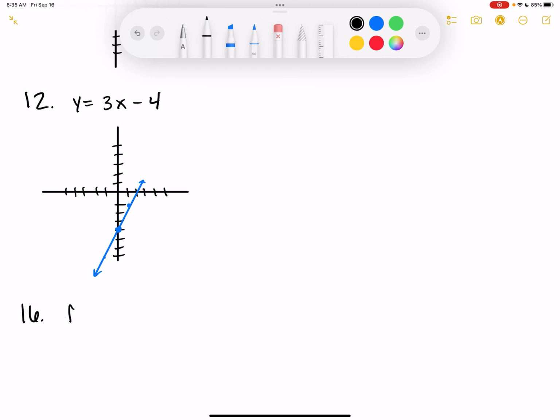And 16, f of x, they just use a different notation on this one, but still means the same thing. So f of x is equal to negative 5 over 4 x plus 1.